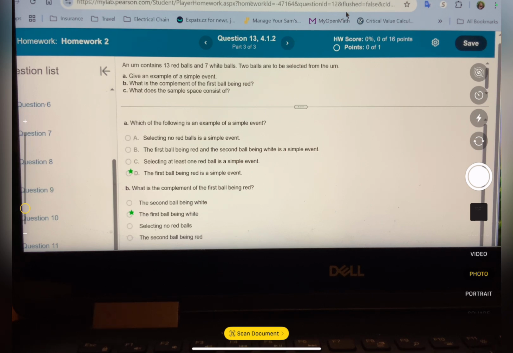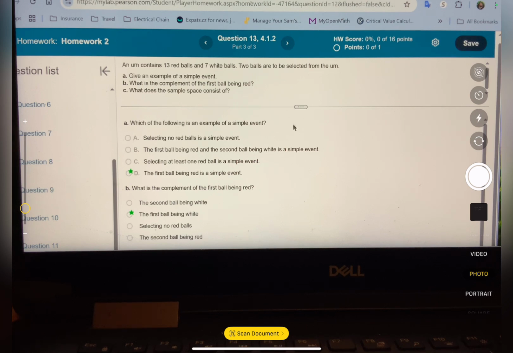C, selecting at least one red, so at least, it can be 1 or 2 or 3, or all of them. So also not a simple event. Let's see what D says. The first ball being red is a simple event. Yes, it's giving us only one outcome, correct?